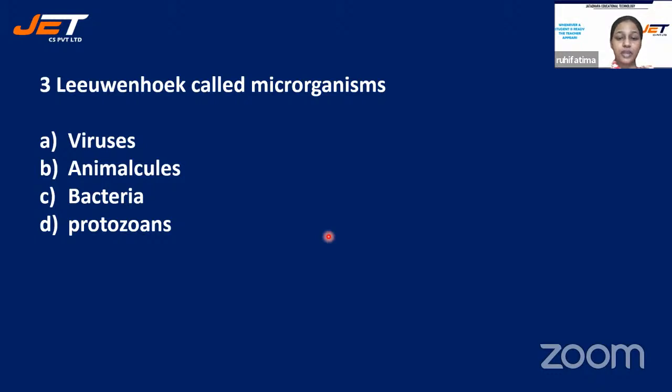All right, students. And the correct answer for this question is animalcules. When Leeuwenhoek discovered microorganisms for the first time, he used the term animalcules, not microorganisms. This term microorganism was introduced very much later.